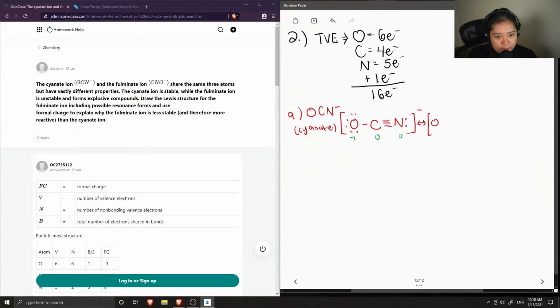We could also have a double bonded oxygen and a double bonded nitrogen. This time our oxygen is neutral, carbon is neutral, and our nitrogen would have the -1 charge.